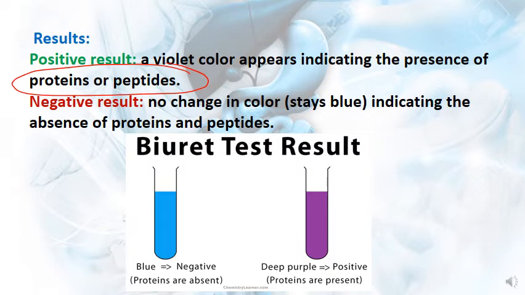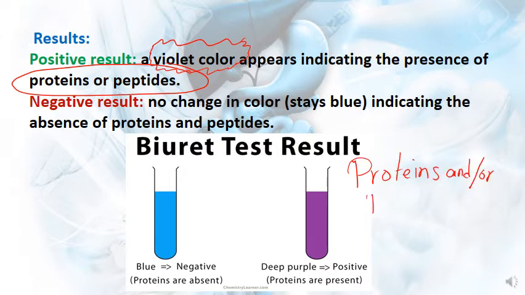We can't confirm whether a protein or polypeptides unless we do another test. We will study it in the next video. So positive result, a violet color. Whenever we have a violet color with the Biuret test, this means that we have either protein and/or polypeptide or peptide. They are the same.